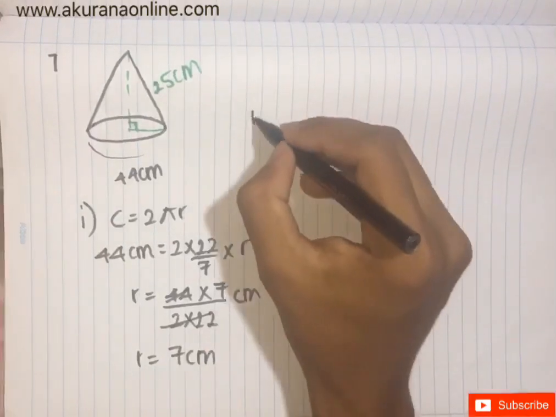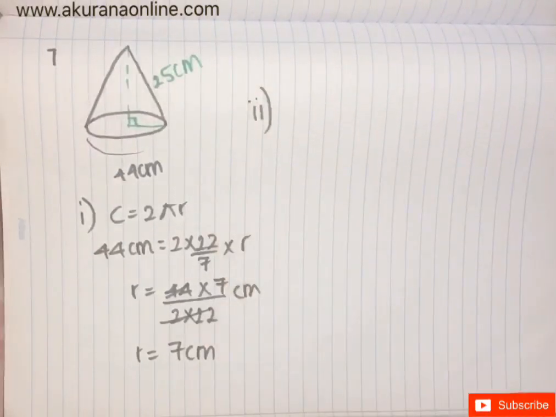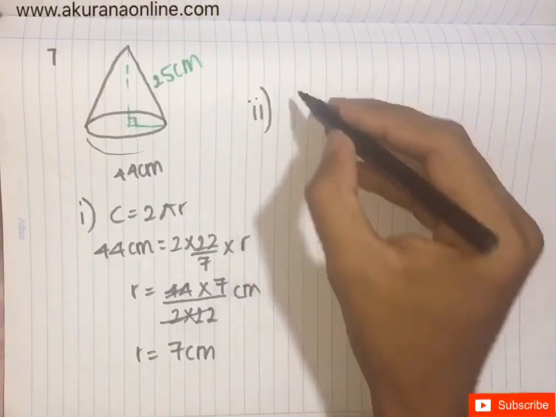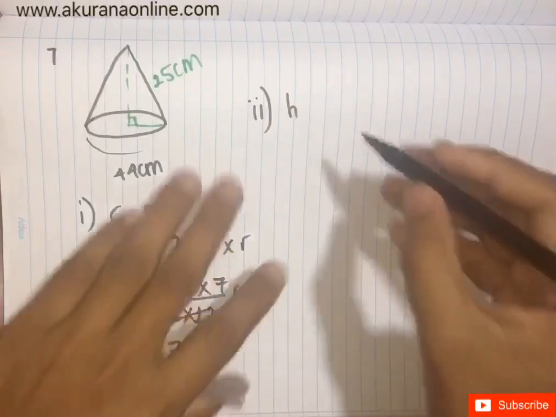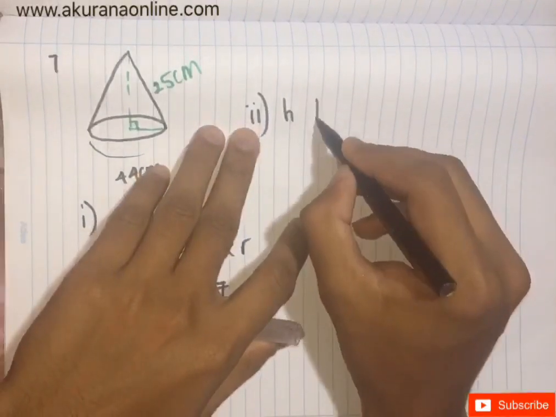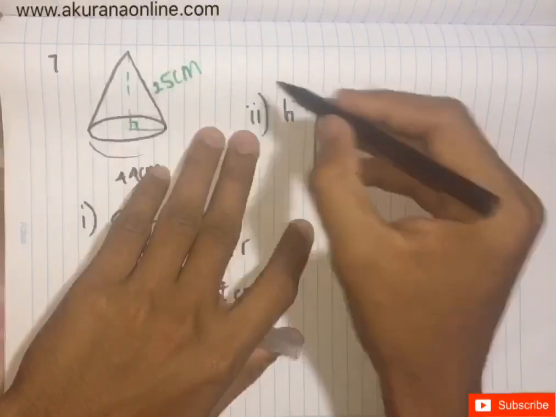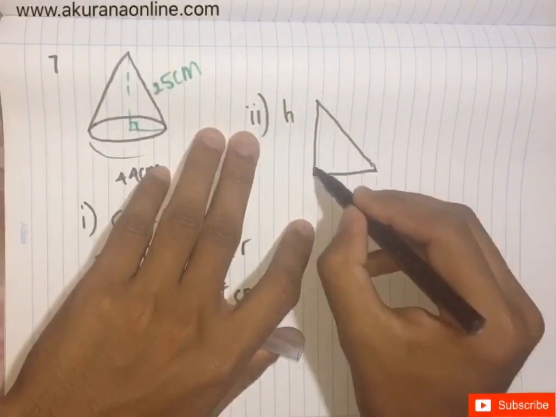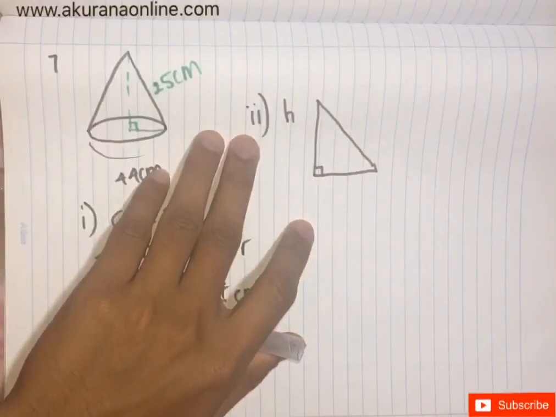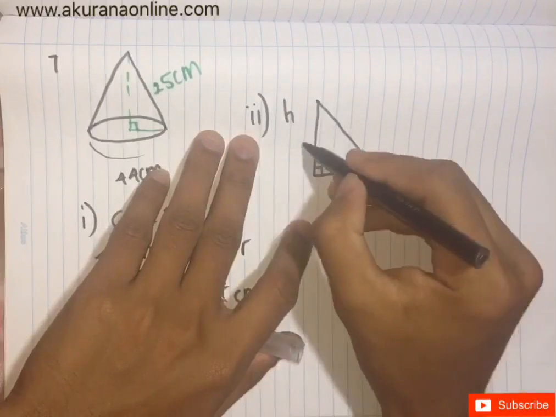Moving on to the second part, here you have to find the height, h. How do you find it? Consider this part, the one in green. That is a right angle triangle, therefore you can use Pythagoras. You need h.